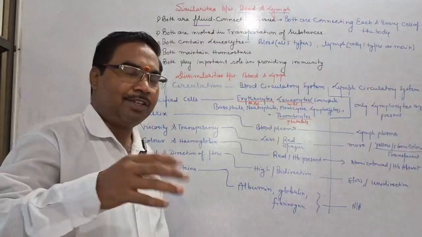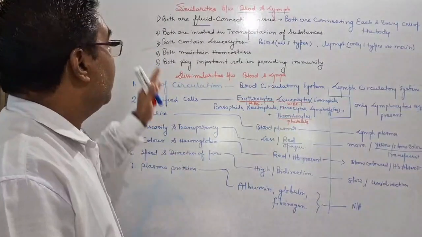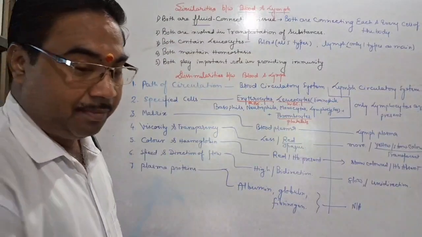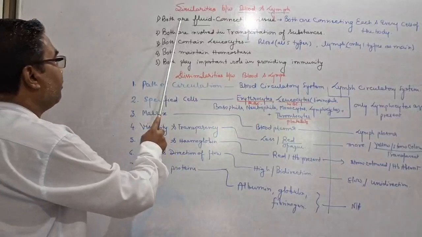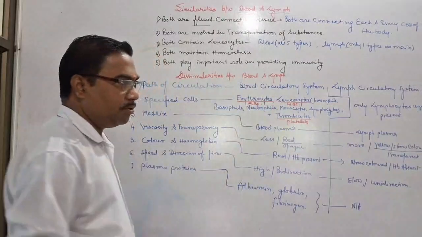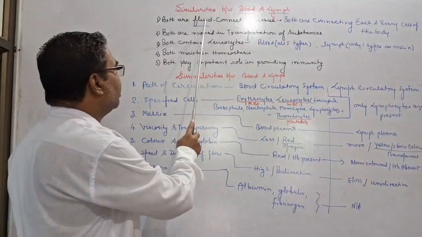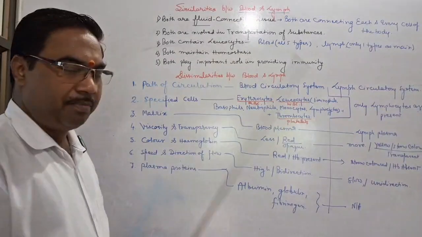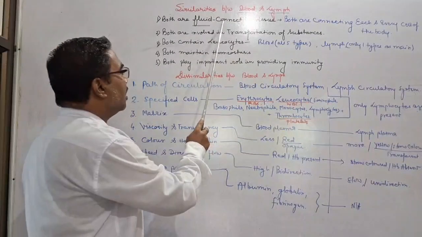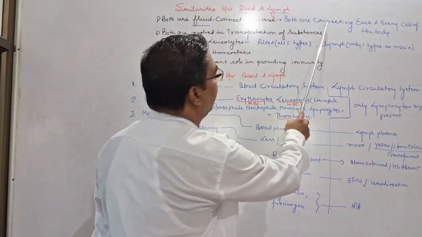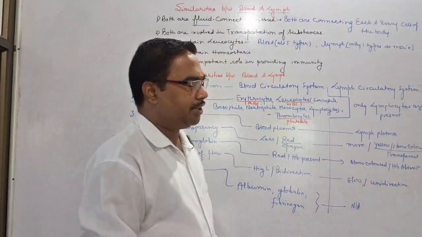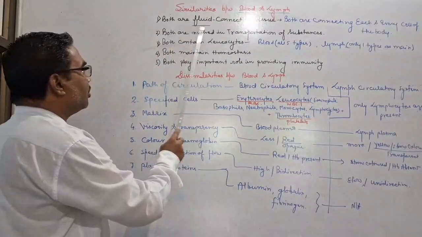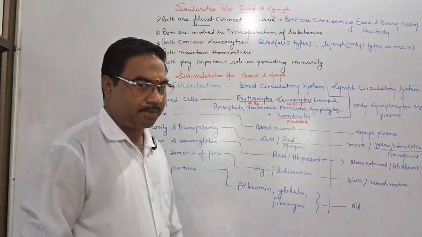Once again, just to recall all these things. Blood and lymph are similar because they both are fluid connective tissue. I told you both are fluid because their matrix is liquid in blood also, in lymph also. Connective tissues because they are connecting each and every cell and tissue of the body. Both are involved in the transportation of substances.